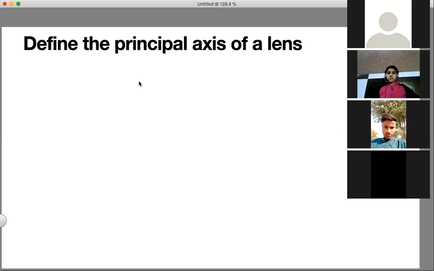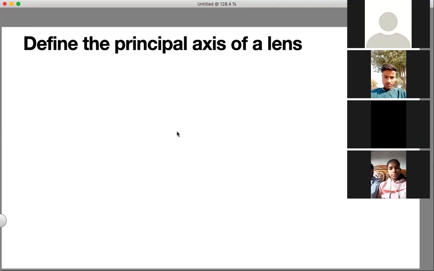Define the principal axis. तनवीर अपने को म्यूट पे रखिए बेटा. Define the principal axis of a lens. Lens का principal axis बताइए क्या होता है. And also switch on your cameras. Lot of cameras are off. Arun, Abhay, Mayank, प्रियांशी आपका फिर से ऑफ हो गया बेटा. कैमरा ऑन रखिए. Your camera is also gone off. Ayan, कैमरा ऑन करिए.